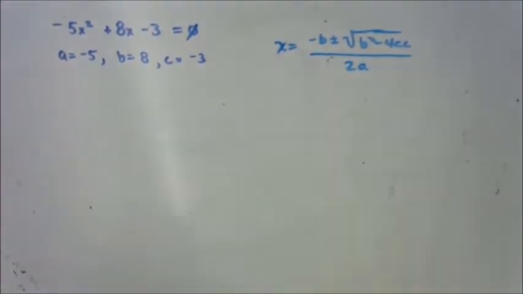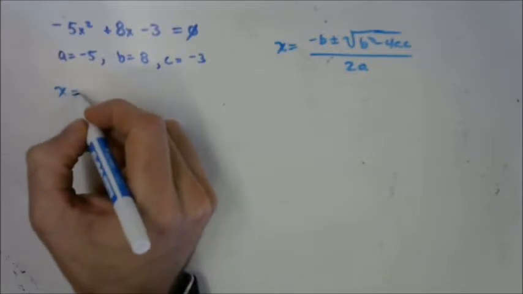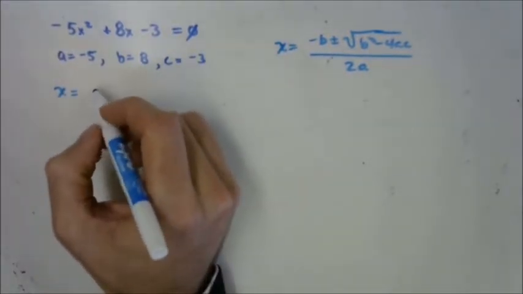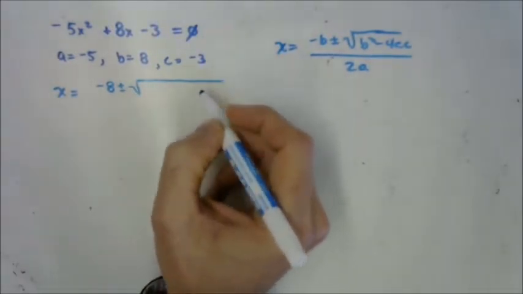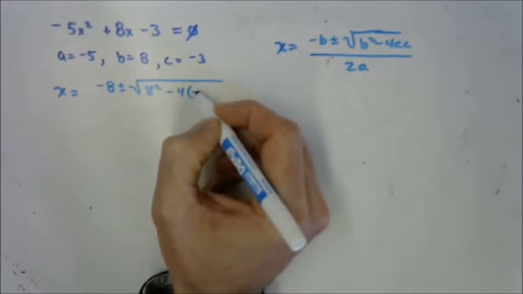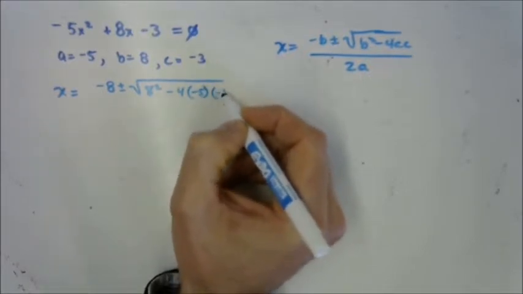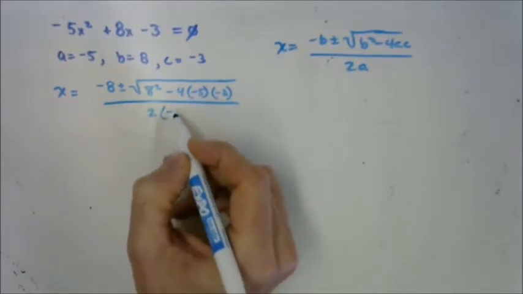You, of course, used the song that we learned together. Such a wonderful song. And here we go. Let's plug it in. x equals negative b plus or minus the square root of b squared minus 4ac all over 2a.